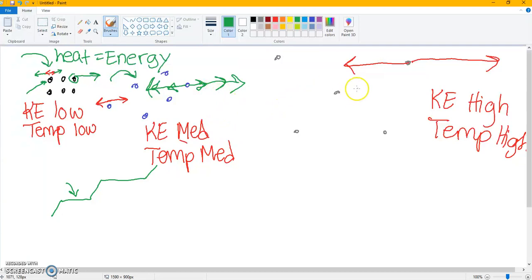And then again, as heat energy continues to be added, finally these guys will have enough kinetic energy, and so they will keep moving at this same speed, but now the energy will go into breaking these bonds, or these forces between the molecules, so they can spread out so it can become a gas. And then you can add heat and it'll cause the molecules to move and move even more. So that's why temperature will not increase during a phase change.